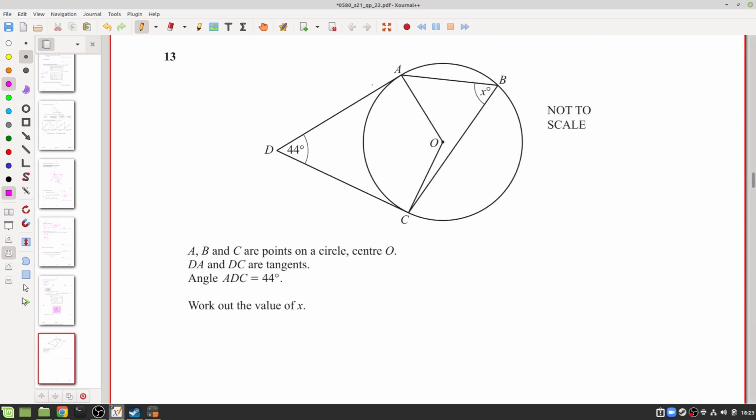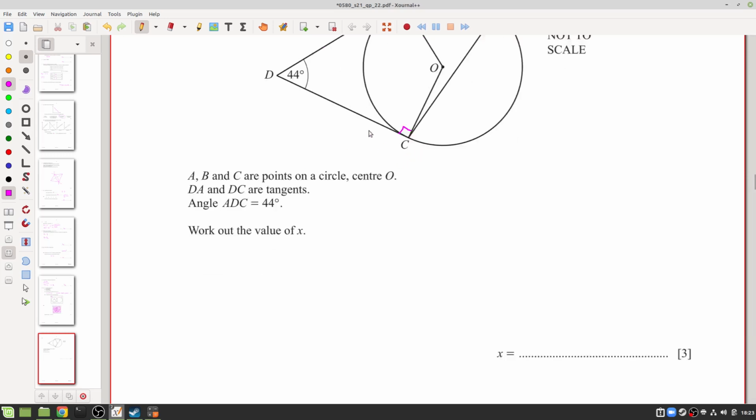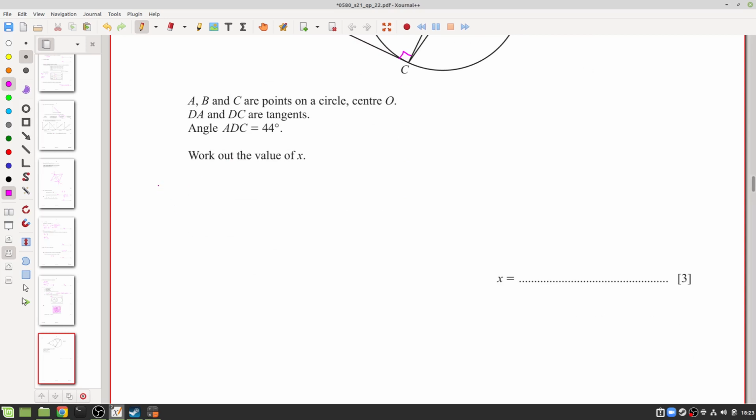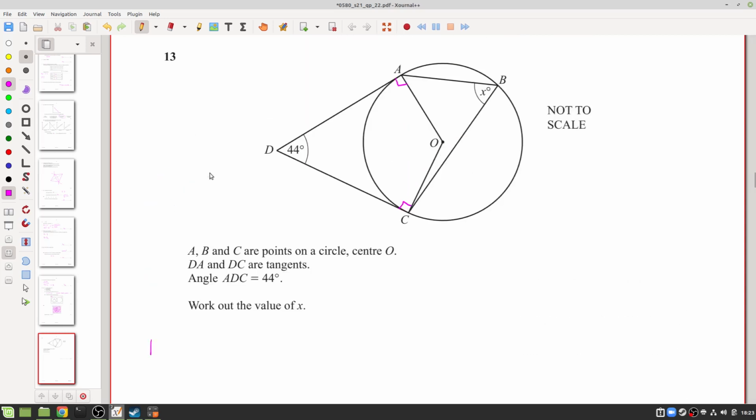Okay, so first we can say here, tangent and a radius make 90 degrees. So if we want to write down all the rules, we can say angle DAO equals 90 degrees, and our reason for that is radius is perpendicular to tangent.